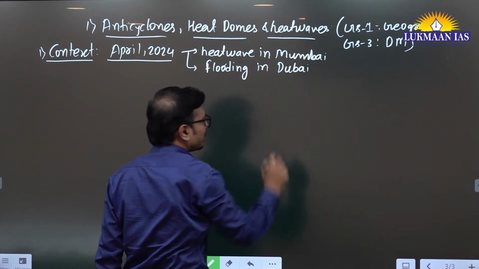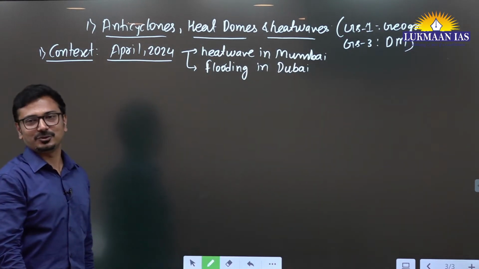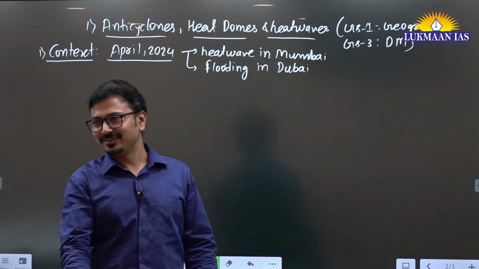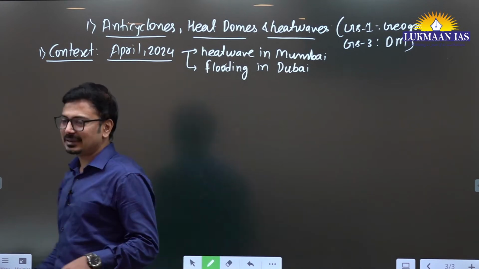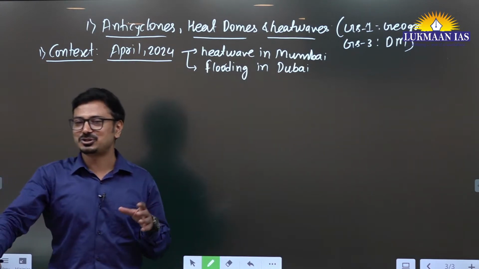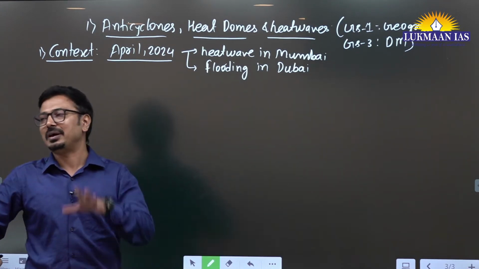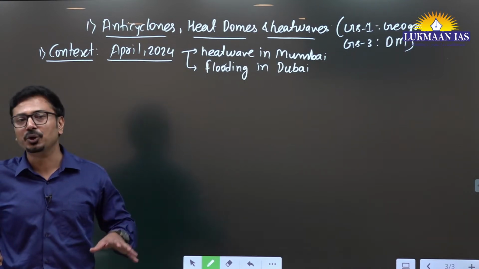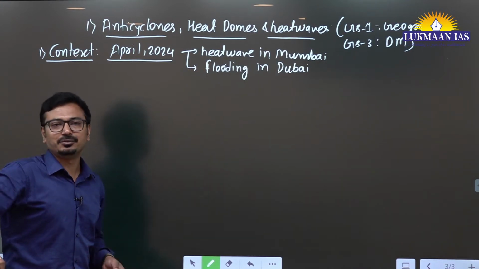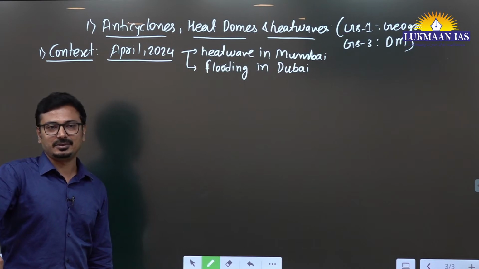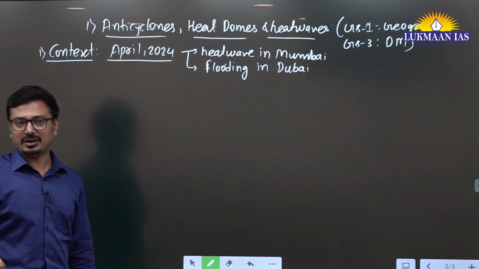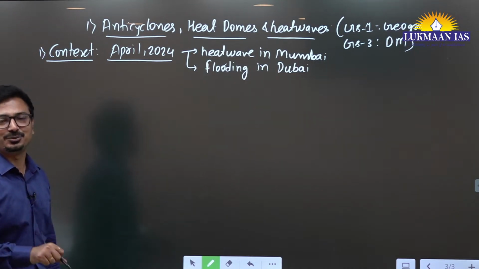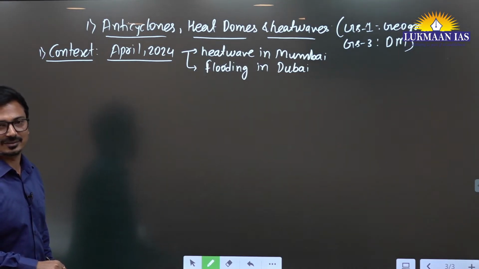Do you remember? Many videos went viral on social media. These incidents happened simultaneously, but there is a connection between the two, and the formation of an anticyclone and heat dome resulted in both. Let's try to understand that also. But this is the striking context we can give in the introduction itself.